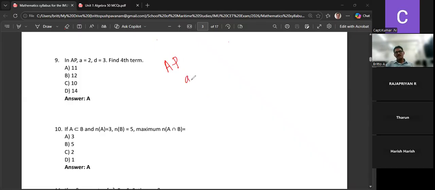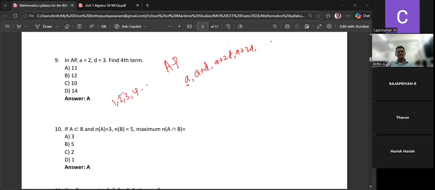Usually we write the series as a, a plus d, a plus 2d, a plus 3d, etc. This is called an arithmetic progression. For example, a series like 1, 2, 3, 4 is an arithmetic progression. Here a is called the first term and d is called the common difference.